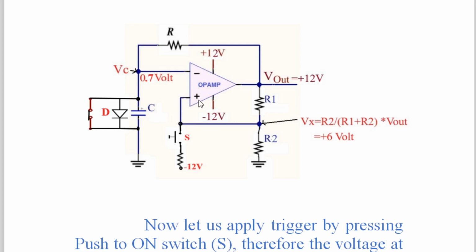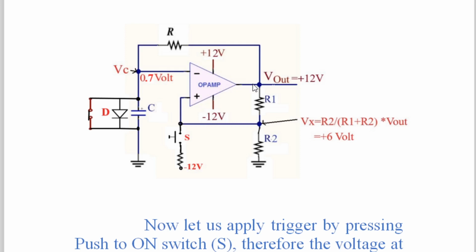So the voltage at the non-inverting terminal is 6 volt. What is the voltage at the inverting terminal? 0.7 only. So compare 0.7 volt with 6 volt. 6 volt is much greater than 0.7 volt, meaning the voltage at the non-inverting pin is very large compared to the voltage at the inverting pin.